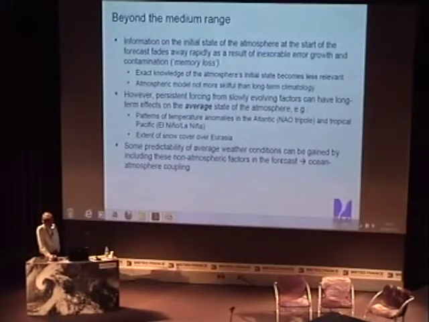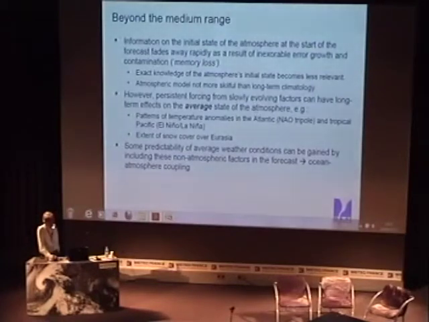Now, if you move on beyond the medium range, what you've seen here is an ensemble approach to assess uncertainties in the initial conditions, because these are the ones that matter for weather forecasting. Here, we move a bit away from the importance of initial conditions for the simulation of weather, but something else is coming up.